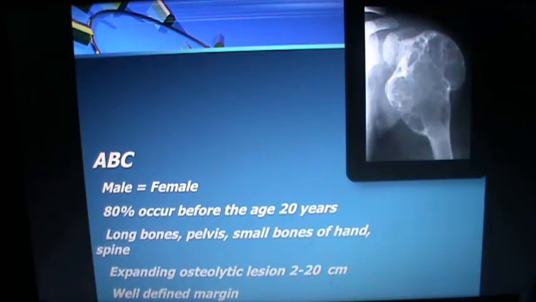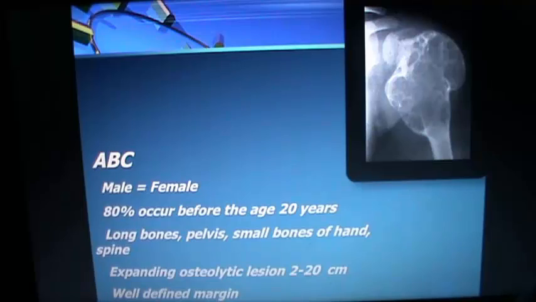You cannot sometimes follow it in the plain film or in CT, but the lesion as a whole is contained, with a well-defined outline. It can reach up to 20 centimeters in diameter, and most lesions occur below 20 years of age. And the main feature is that it's formed of blood pools.